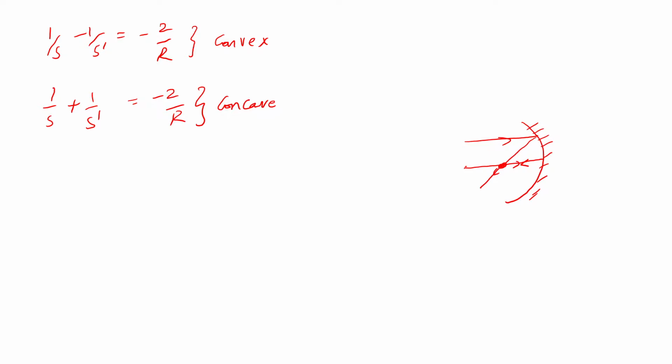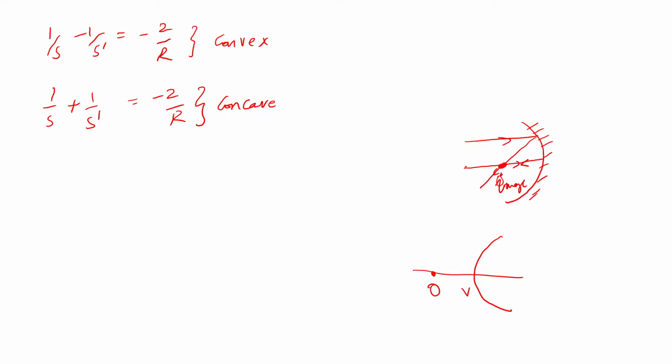The object distance is positive if the object is to the left of V. In the first thing that we did, that's a convex mirror, we considered the object here to the left, right? That's why s was positive. And when the object is to the right, it is negative. But in this case, for both convex and concave, we are considering the object to be on the left, right? So, sorry, this should be image.